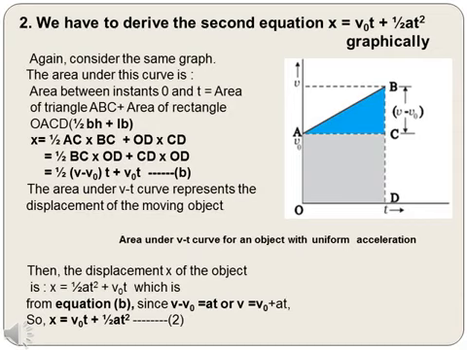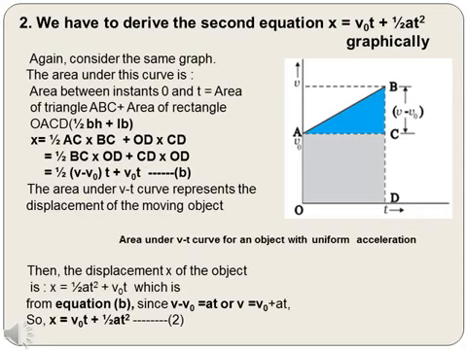Then, by putting these values, the expression becomes x is equal to 1 by 2 into v minus v0 into t plus v0 into t, which is equation B.